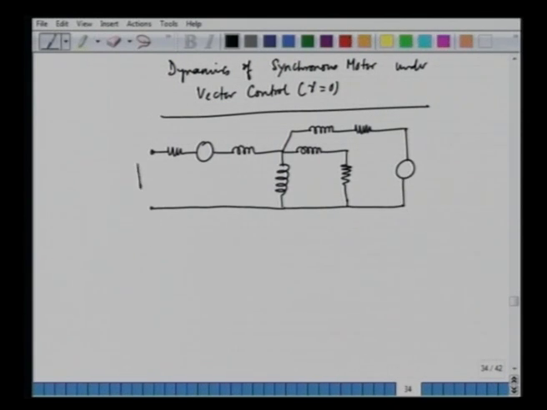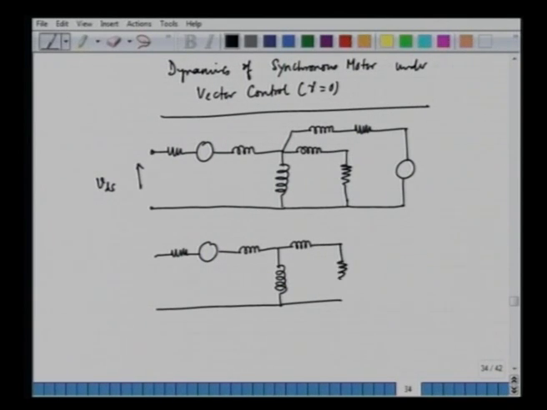This is VDS. Similarly, we can write down the Q axis equivalent circuit: the resistance, the back EMF, the leakage inductance in the Q axis stator, the magnetizing inductance in the Q axis, the leakage of the damper winding, and the resistance of the damper winding. This is the Q axis voltage VQS.